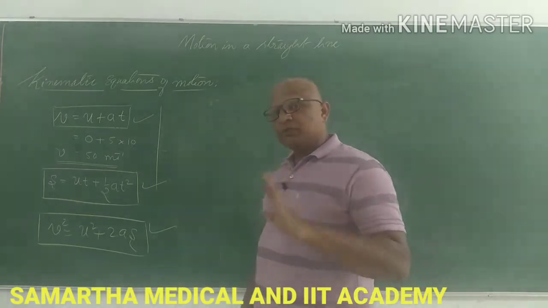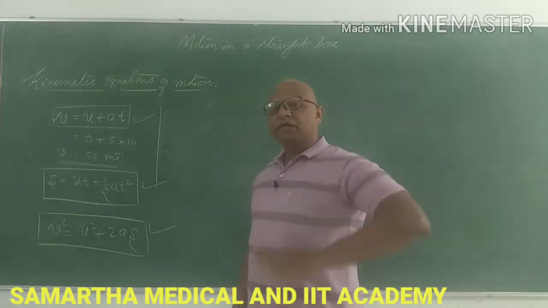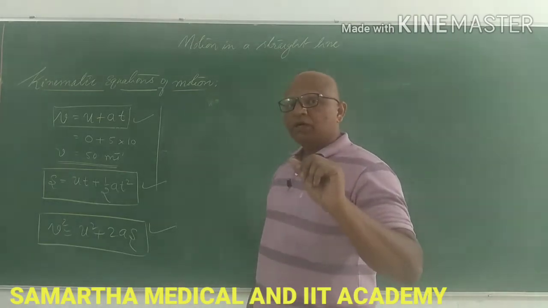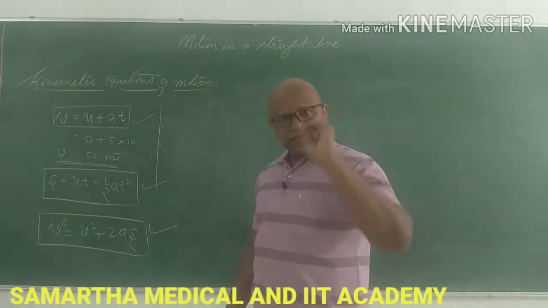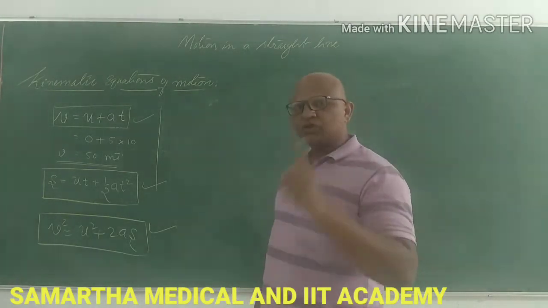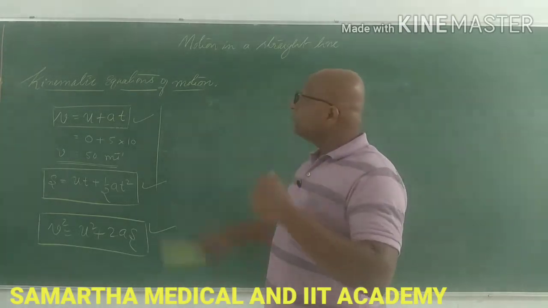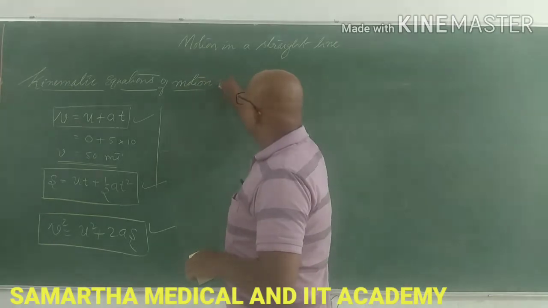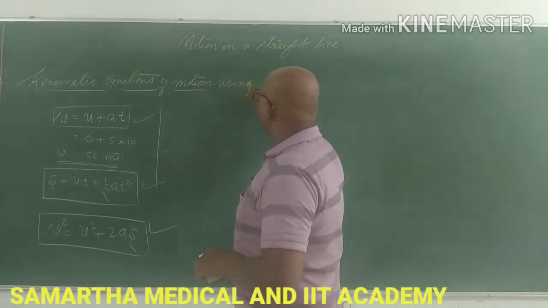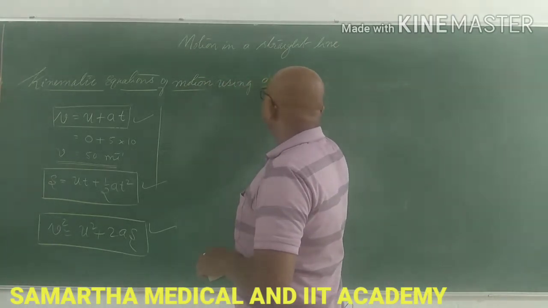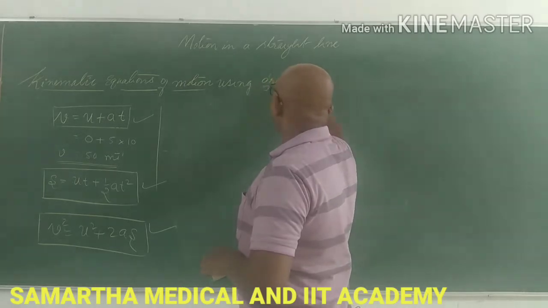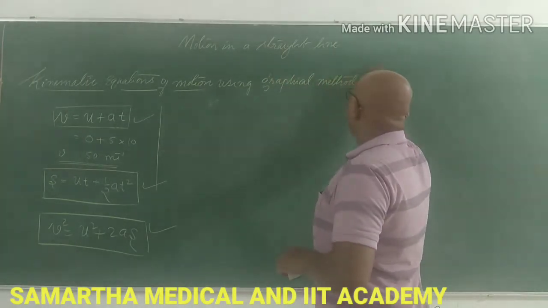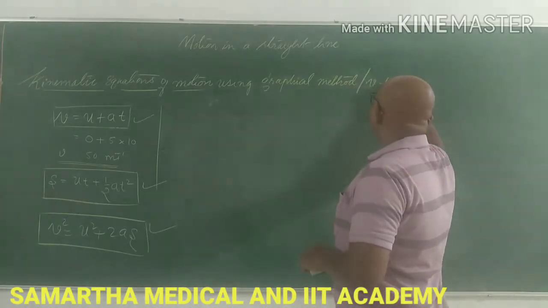And it is a very important question for 5 marks. Every year this question repeats, every year remember. Derive the kinematic equations of motion using graphical method, or using VT graph.